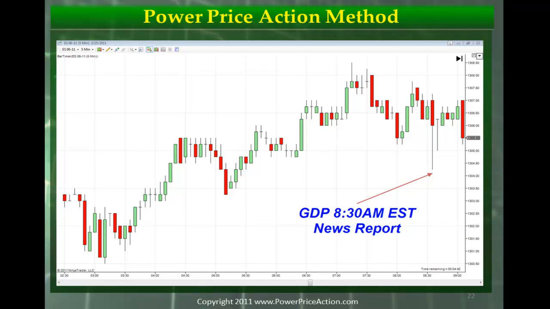So this candle here is red. This is the candle that actually created the news event. It's about, I don't know, 8 points maybe, 1307, 1304, 6 points, 5 points.